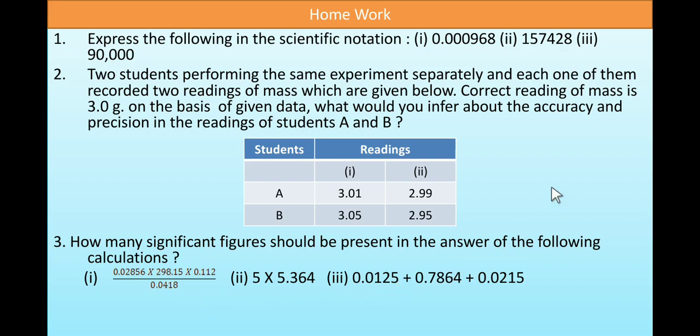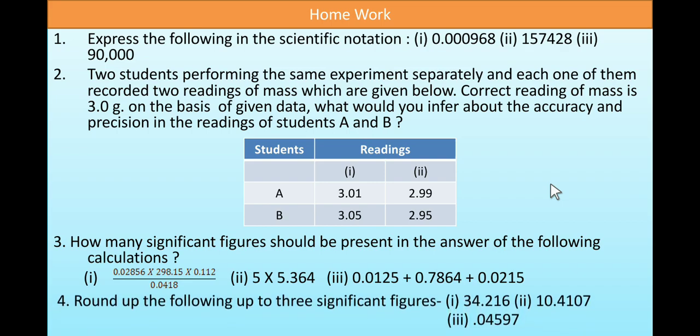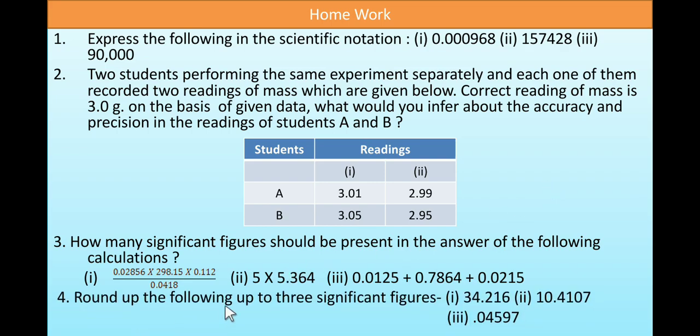Okay. Round up the following to 3 significant figures. Here there are 5 significant figures, here 6 significant figures, and here 4 significant figures. We have to round these up to 3 significant figures. Okay.